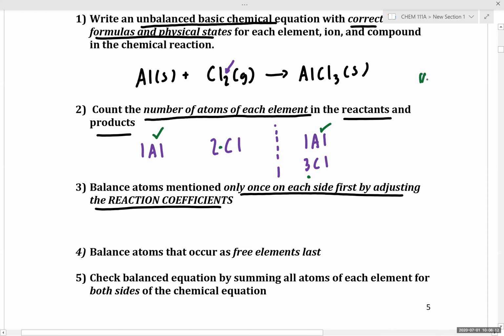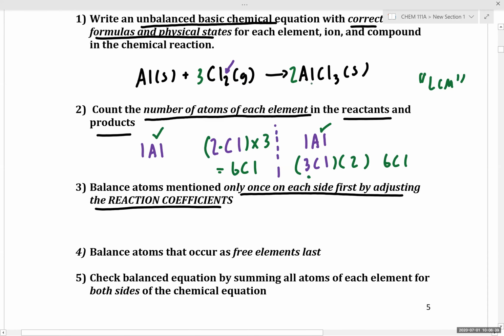So we'll use what is known as the least common multiple method, where we simply take the number of atoms on each side and multiply it by the number of atoms on the opposite side. So at the end of this process, we have 6 chlorine atoms and 6 chlorine atoms.